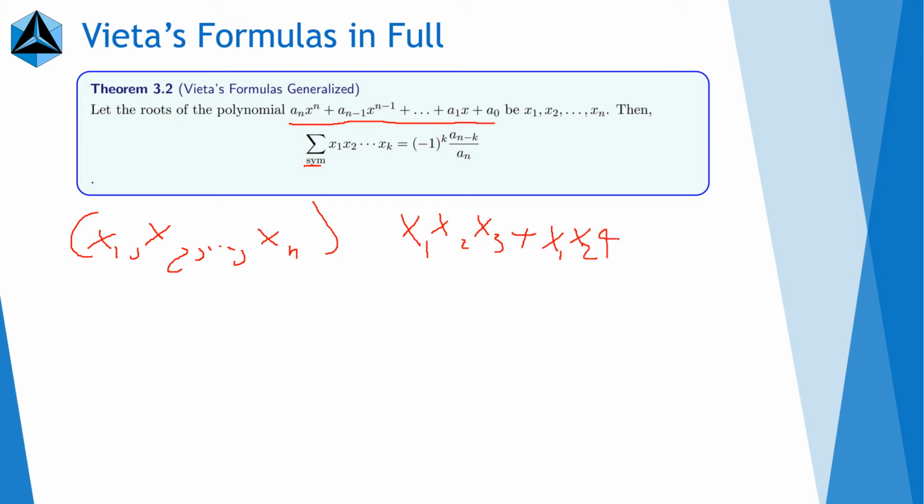plus x1 x2 x5. Let's just say that n is equal to 5.